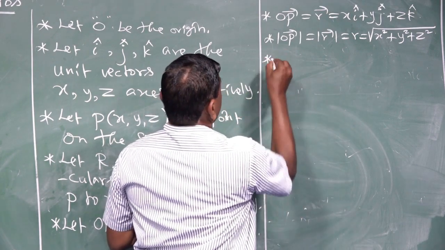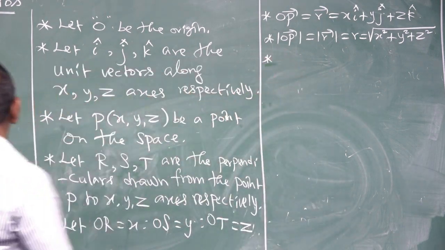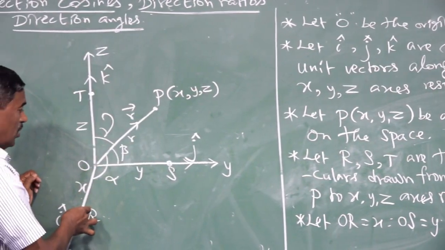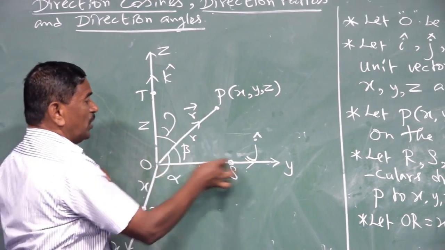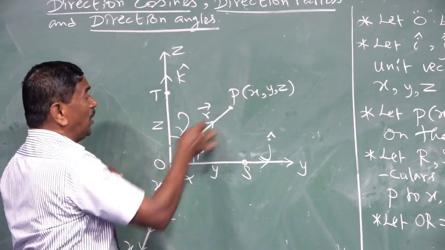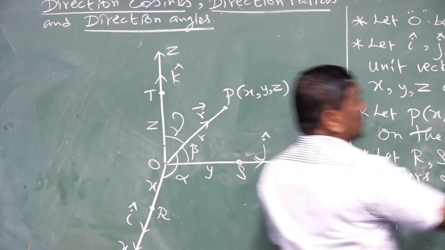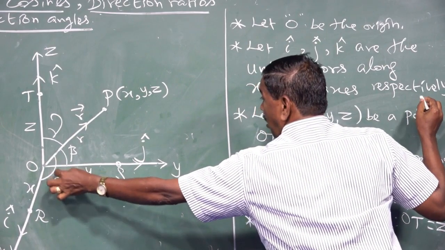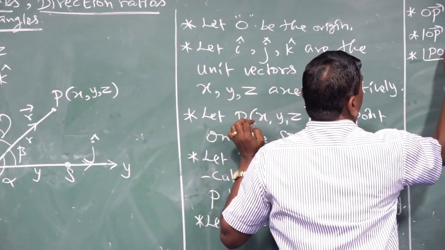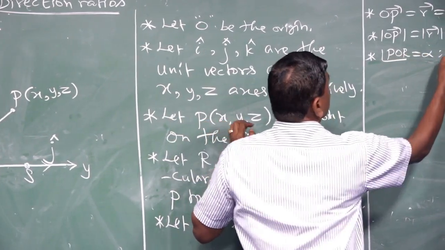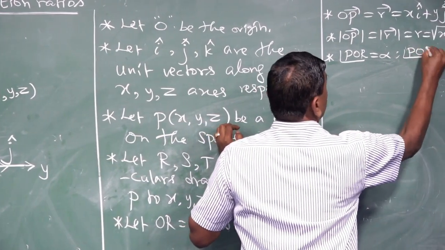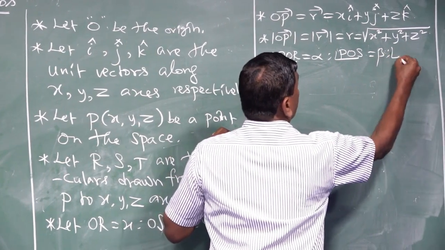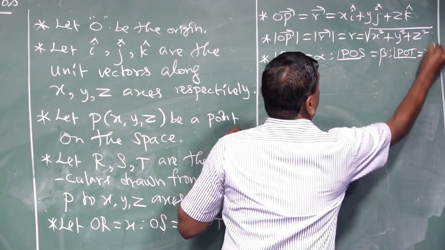Next, again come to the diagram. Here the measure of angle POR is alpha, angle POS is beta, and angle POT is gamma. Now listen, the measure of angle POR is alpha, angle POS is beta, angle POT is gamma.